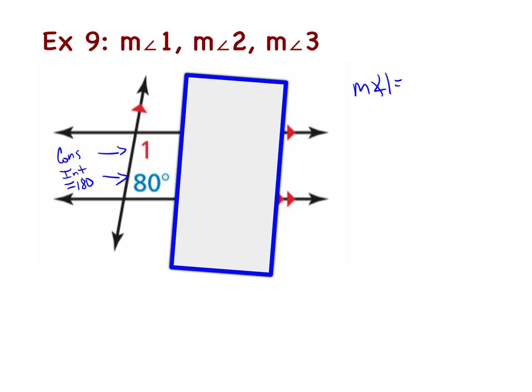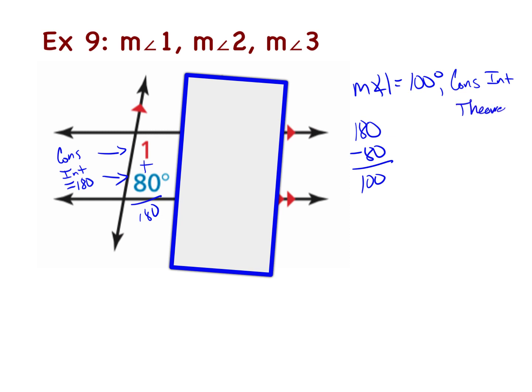So I know that angle 1 plus 80 equals 180. So what do I do to figure out what angle 1 is? If I know that this one plus this one equals 180, we're going to do 180 minus the 80, which gives me 100. So angle 1 is equal to 100 degrees. And what theorem did we use? Consecutive interior.